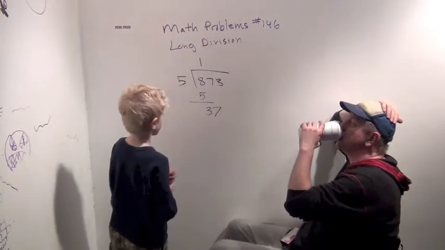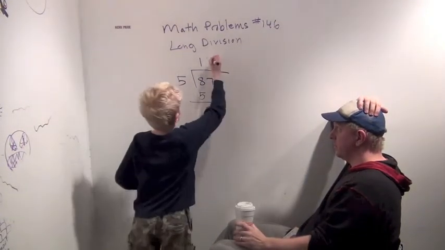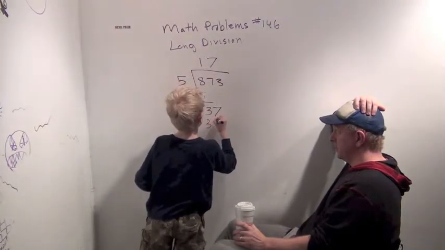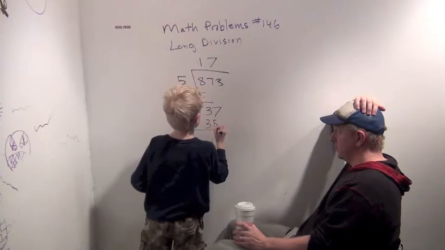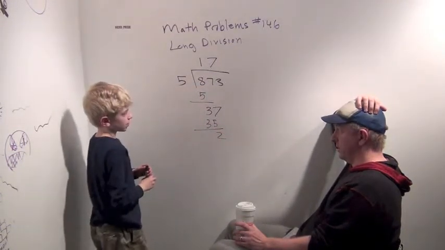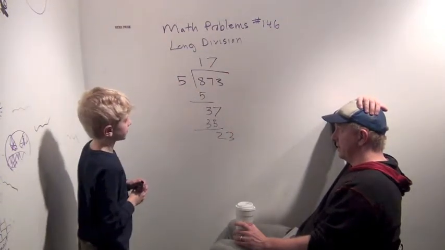Then how many times does 5 go into it? Well, 5 times 6 is 30, so this would be 7 times. And that would be 35 and 2. Then you bring the next digit down. 23.